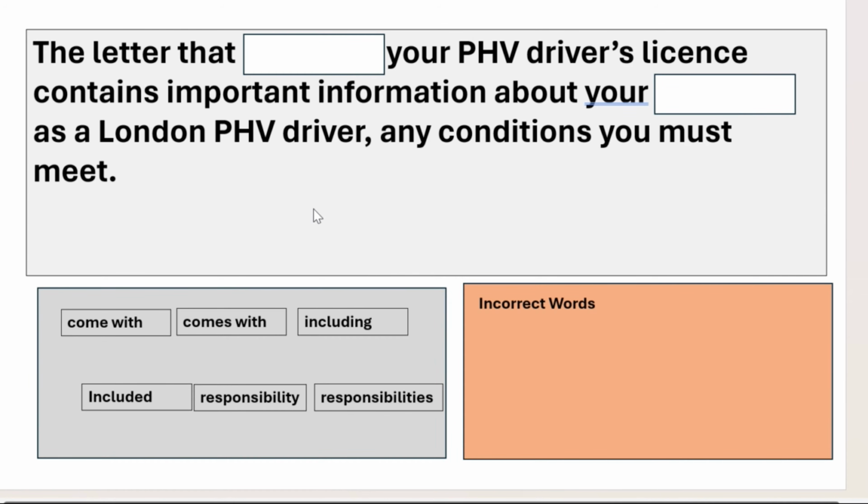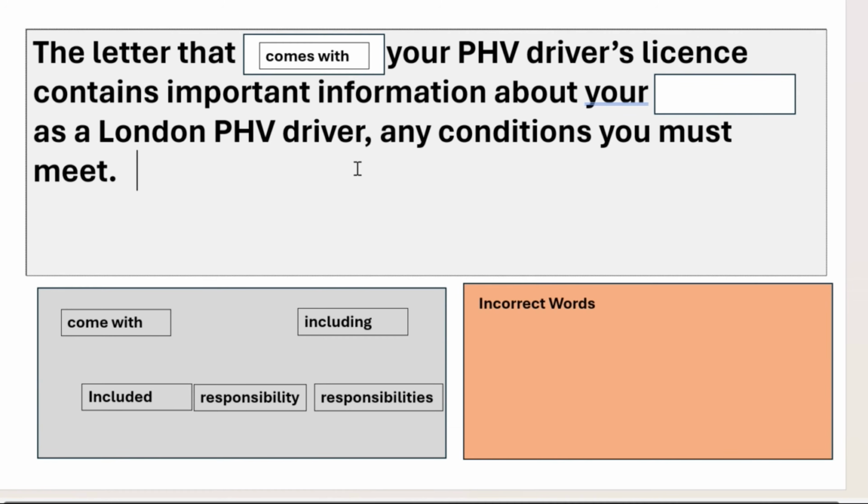So it has to be come with or comes with. Now the grammar will play its game. So what is the grammar there? Let me put the correct answer here. This is the correct answer, that is comes with, not come with.